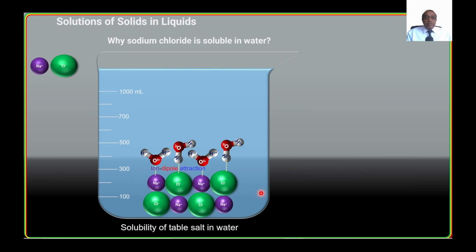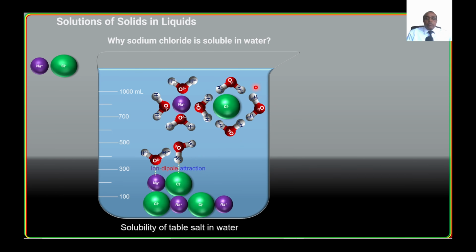As this ion-dipole attraction becomes much stronger than the ion-ion attraction, these ions will be effectively surrounded by water molecules, and they will go into the solution. So they will be effectively separated from each other. The sodium ion will be separated from the chloride ion.